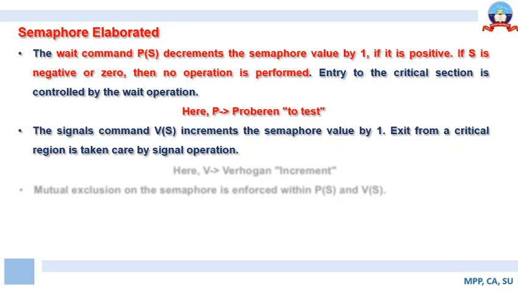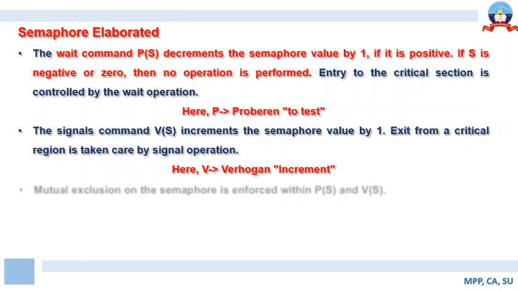It is named V because V in Dutch represents Verhogen, which means the act of incrementing. That's the reason why the wait and signal commands are also known as P and V.